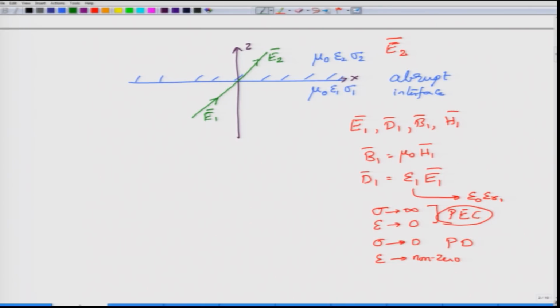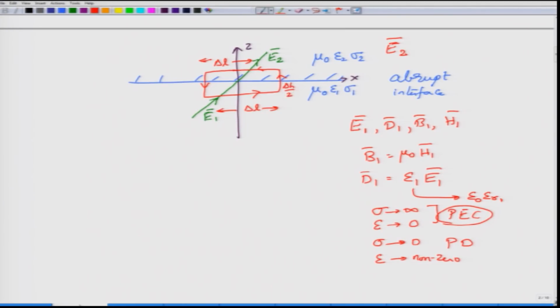Now, imagine that I am putting up this loop. I will also label the sense of direction in which we pass through the loop. This loop, let us say, has a length delta L. One half of the loop lies in medium 1, the other half lies in medium 2.